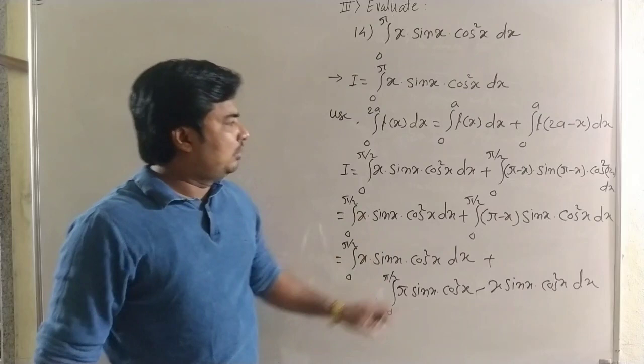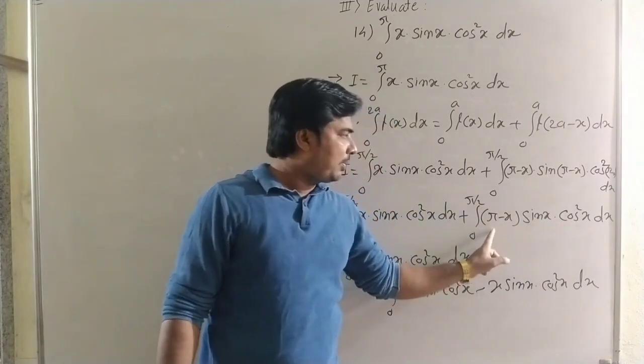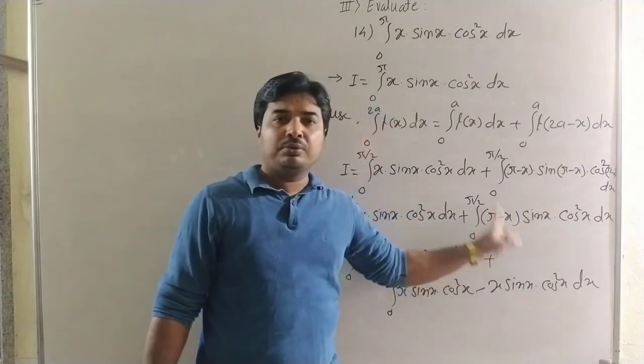Here is only the multiplication of these two terms: sin x into cos square x multiplied by pi, and sin x into cos square x multiplied by x.